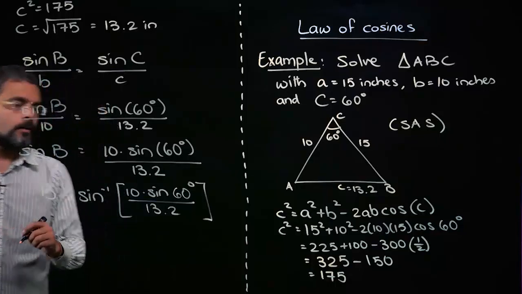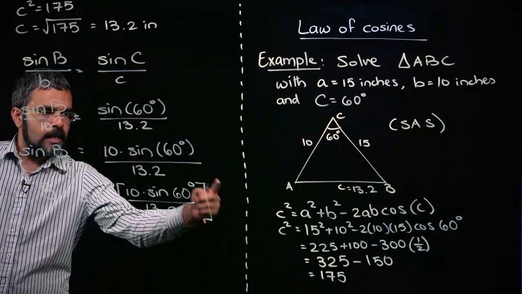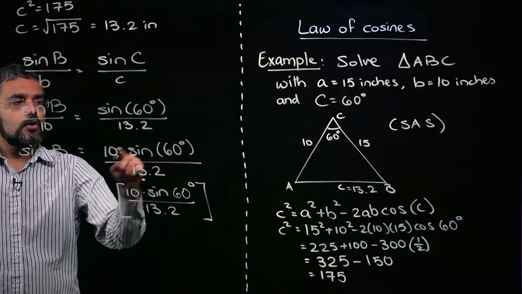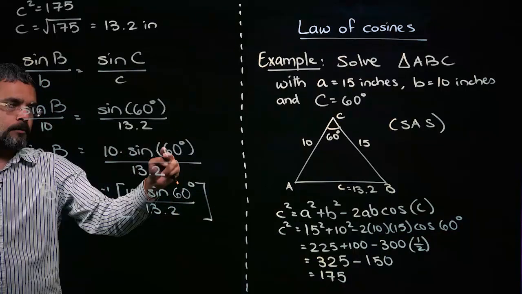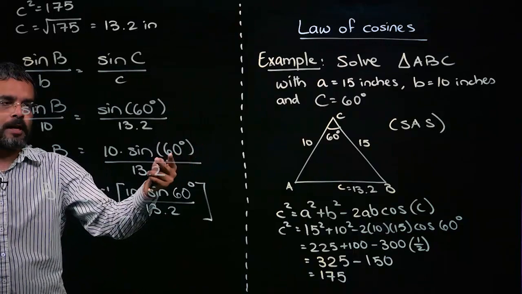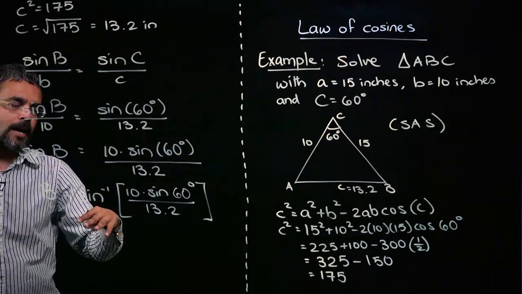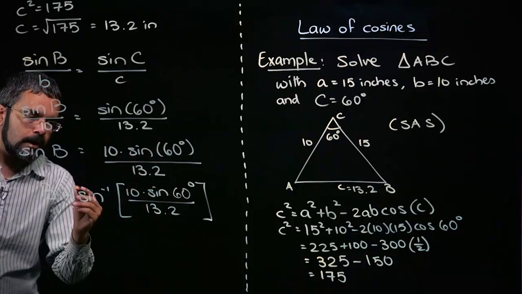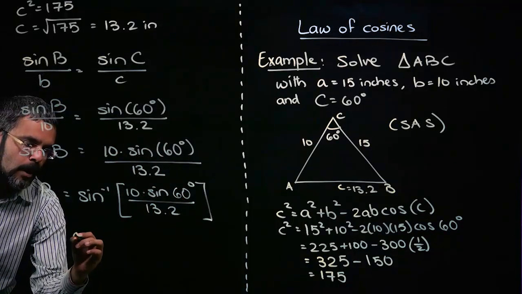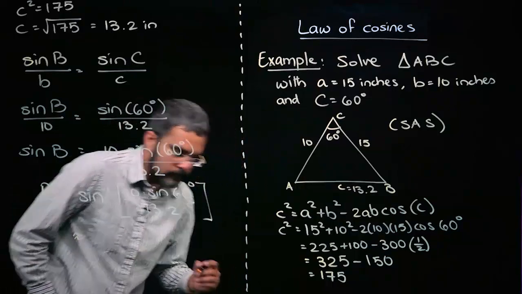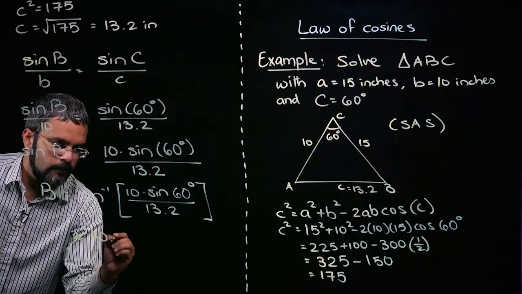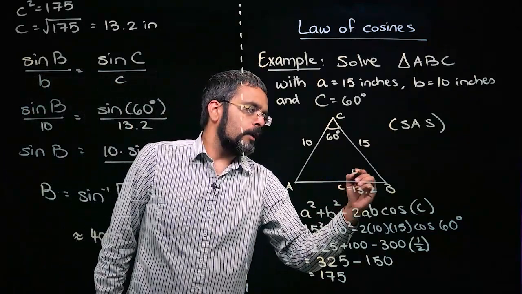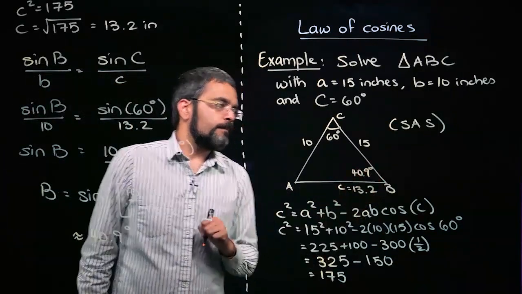So go ahead and put this as an expression in your calculator. That'll give you less of an error. Now you could go ahead and do 10 times root 3 over 2 divided by 13.2 in your calculator and then take the sine inverse of that, but that'll give you a little bit more error than you would in this case. And so then this is going to give you approximately 40.9 degrees. So then B here comes out to be 40.9 degrees.